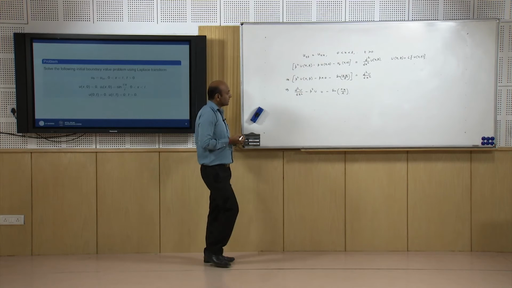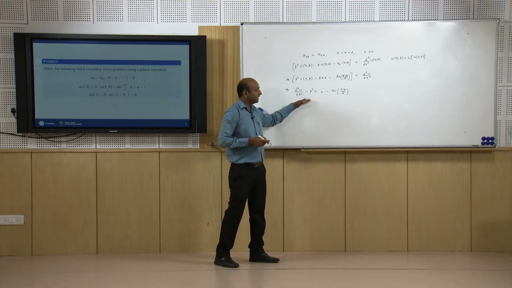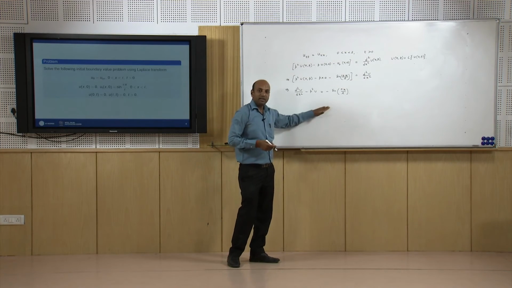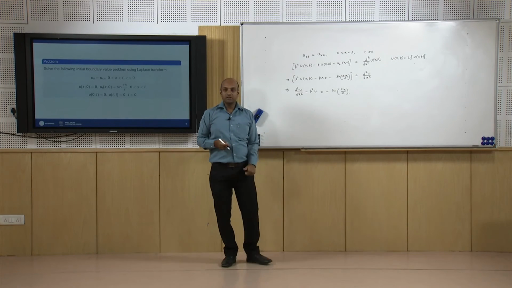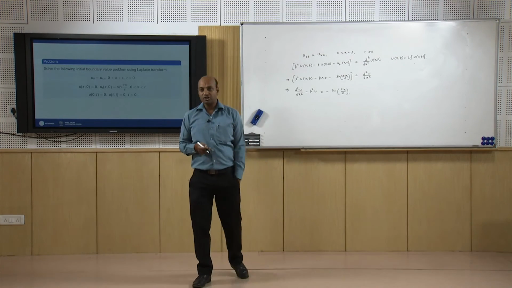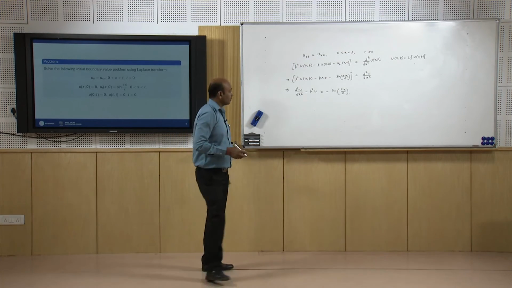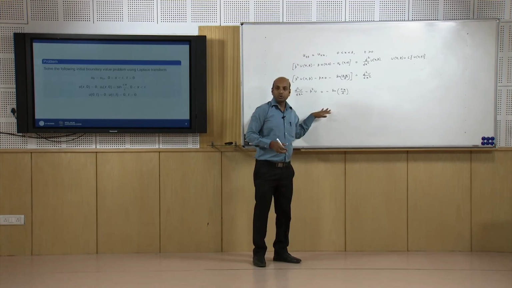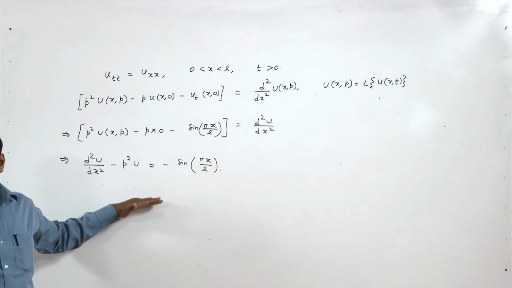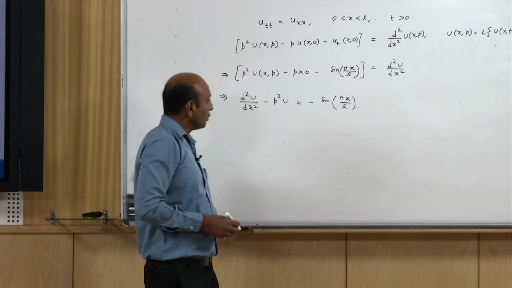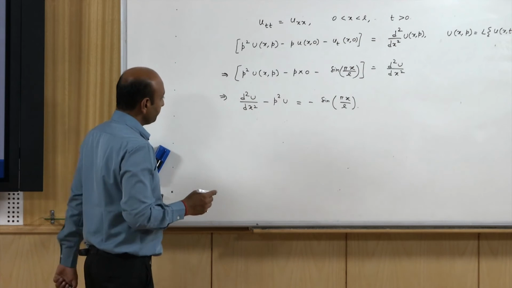So, it is a second order linear differential equation. We can find the solution of this equation. First we find the complementary function, then we find the particular integral, and the sum of these two will give the complete solution of this differential equation. So, what is the complementary equation here?